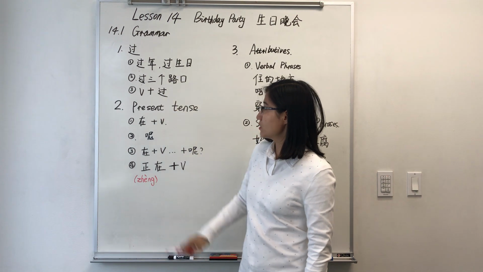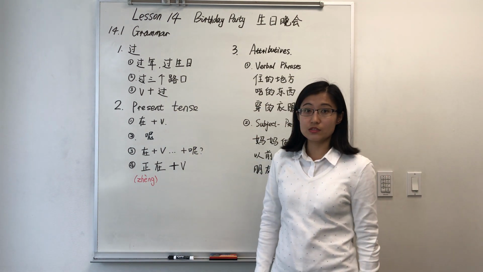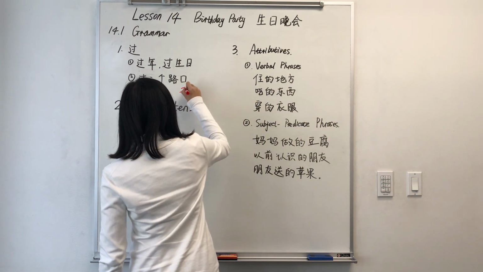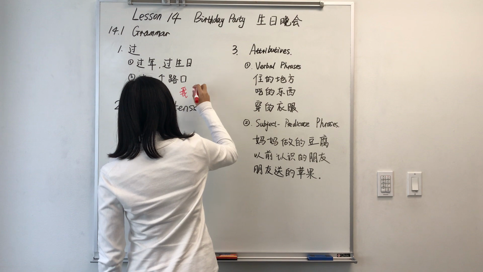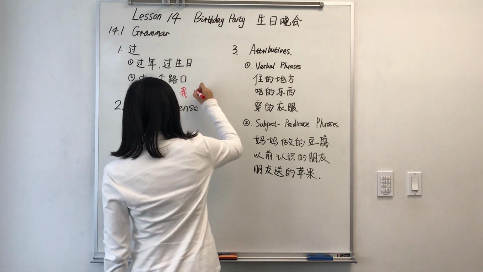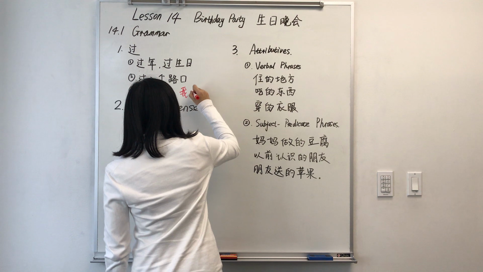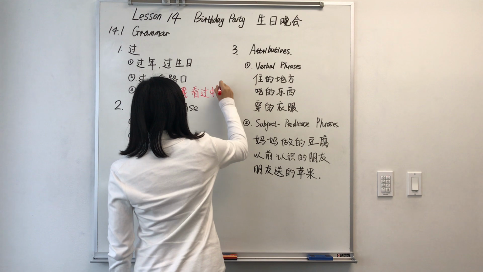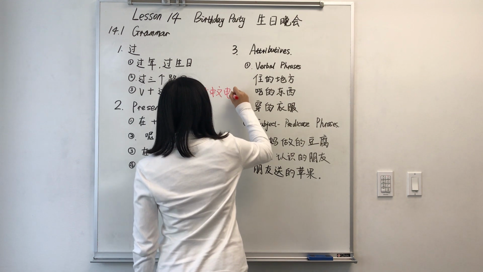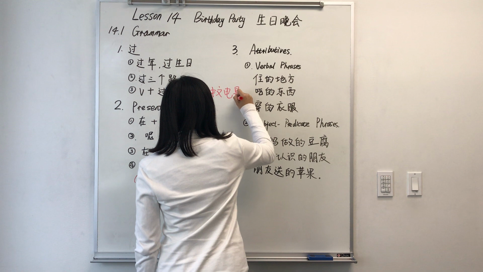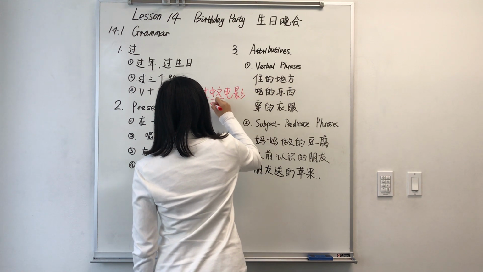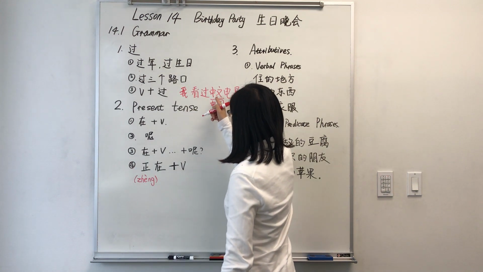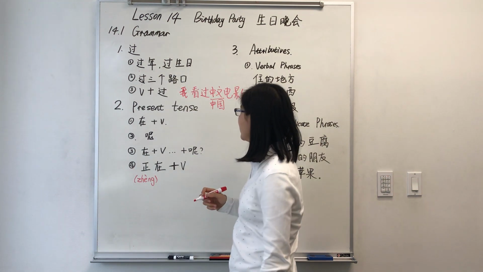Next meaning is the verb plus 过 means the past tense. For example, 我, what verb we need to use? 我看过中文电影, or 中国电影. 我看过中国电影 or 我看过中文电影.